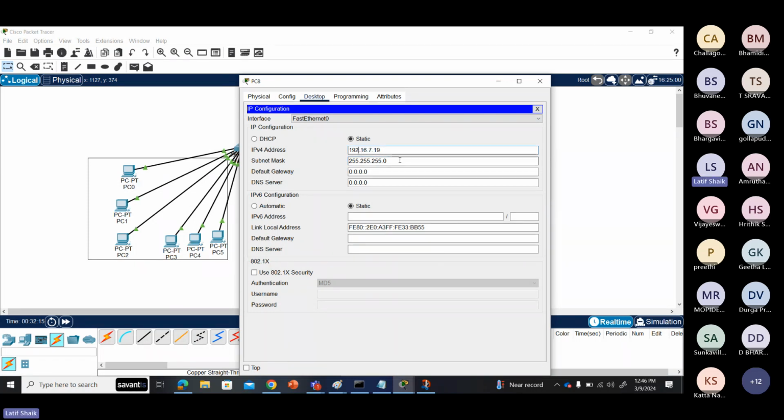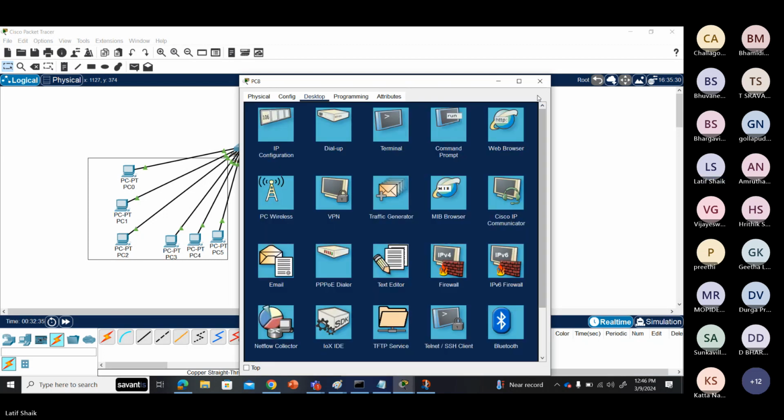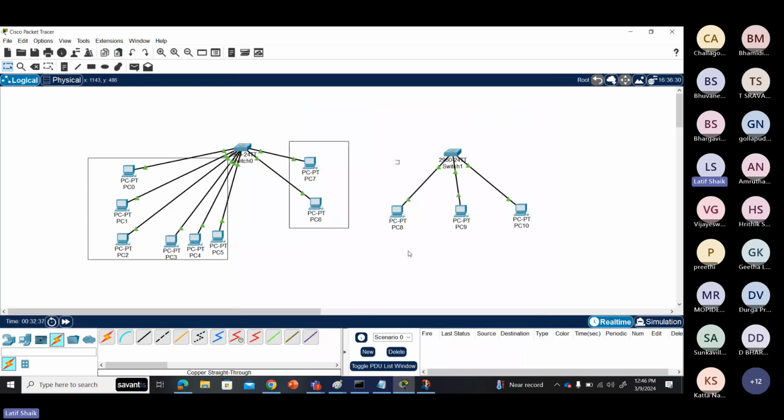Then I put 12.3.4.5, anything. 12 is class A, so the system automatically recognizes it and provides the required subnet mask.